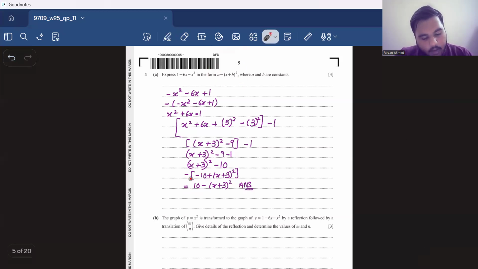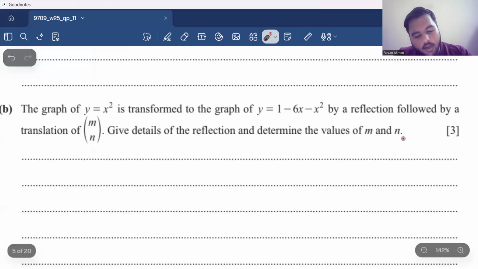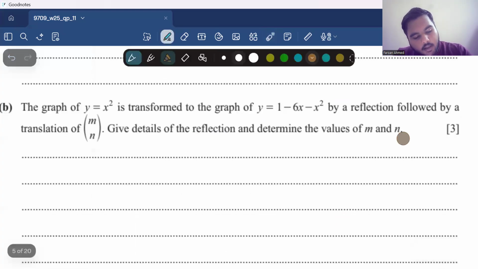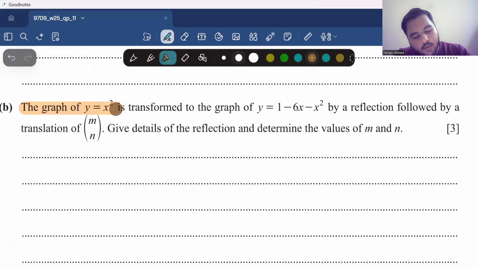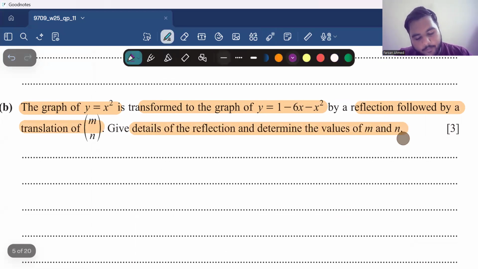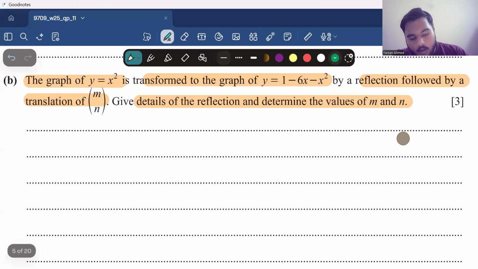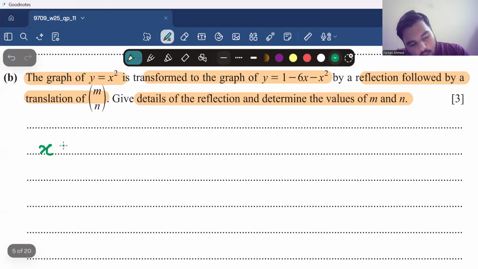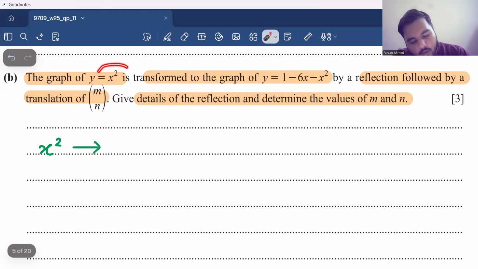Now, in part B of question number 4, they are saying the graph of y equals x square is transformed to the graph of this by a reflection followed by a translation matrix. We have to give the details of the reflection and determine the values of m and n. So this x square has been transformed into this.